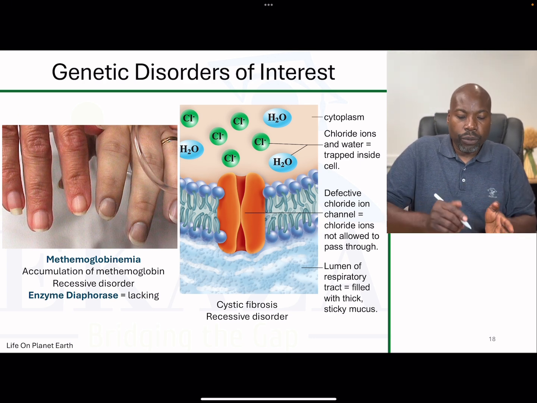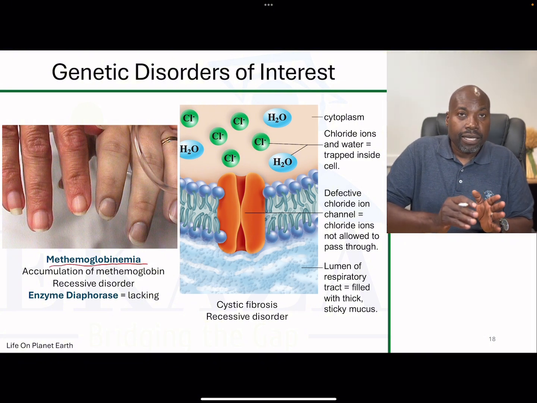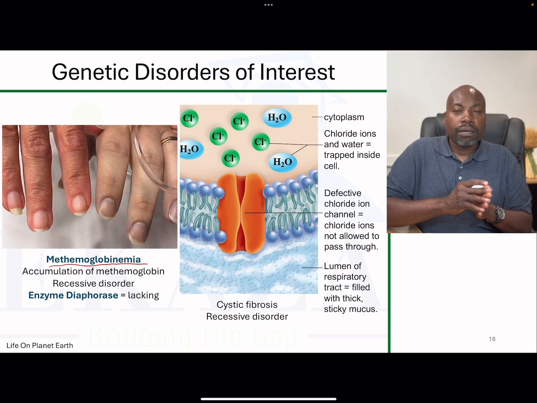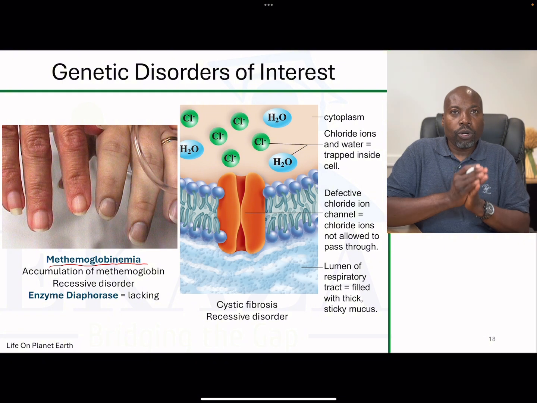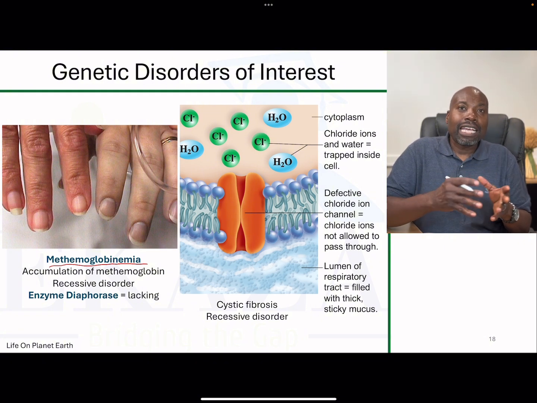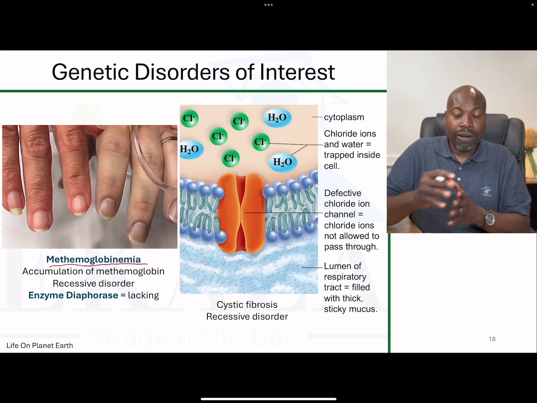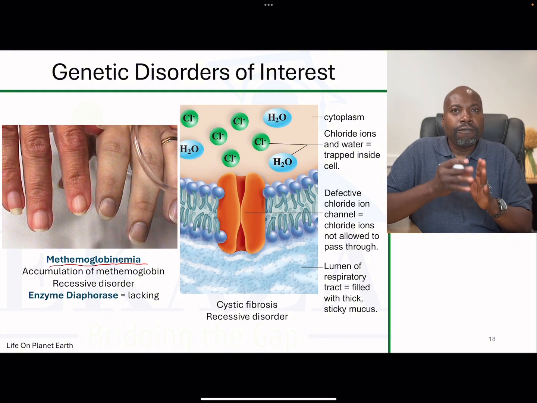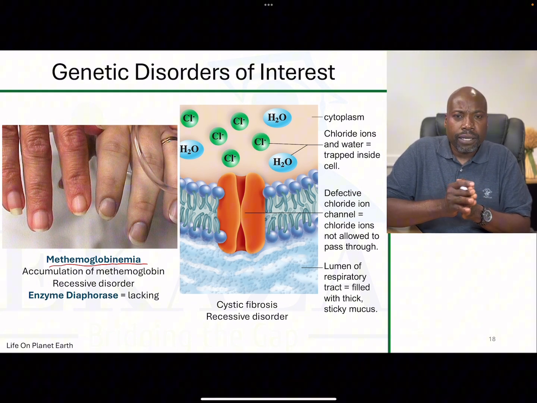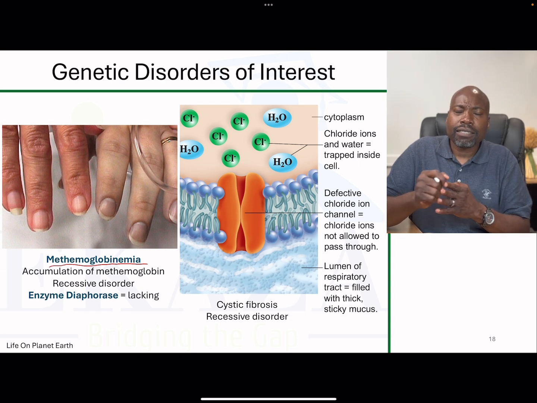We have what we call methemoglobinemia. Methemoglobinemia is a condition where hemoglobin is actually abnormal. Now, hemoglobin is the protein in red blood cells that is responsible for carrying oxygen, right? Methemoglobin is a modified version of hemoglobin that is not able to capture and release oxygen normally.